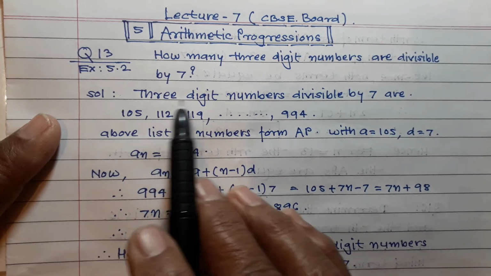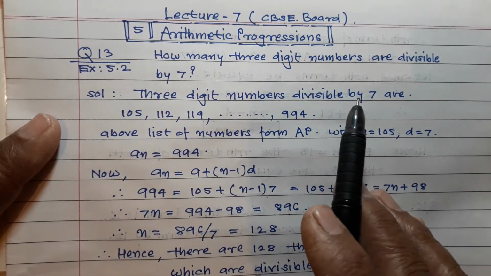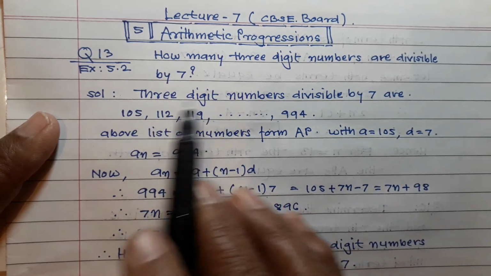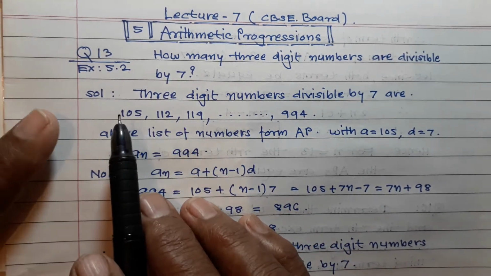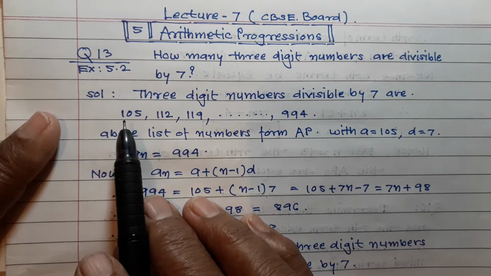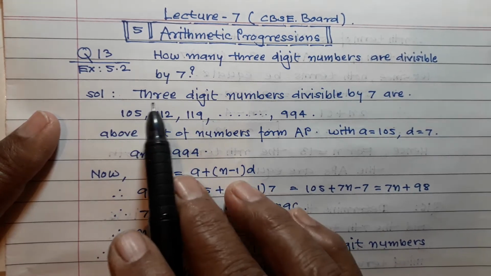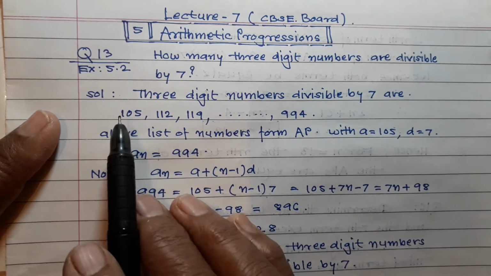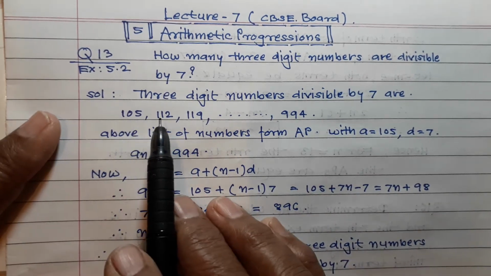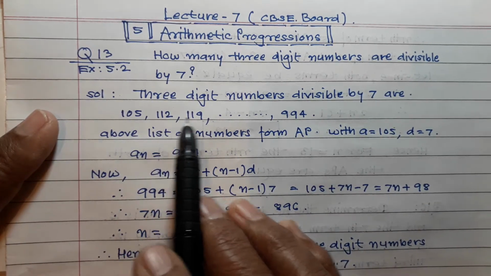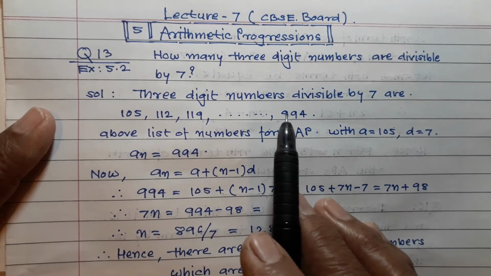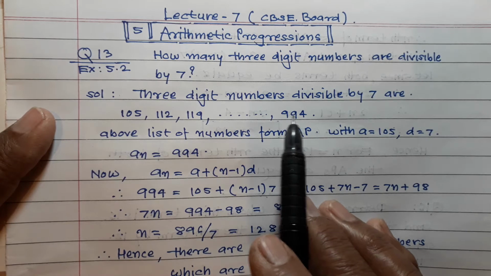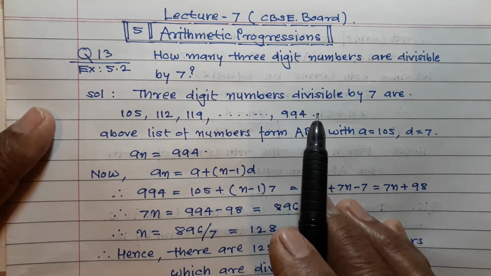Solution: 3-digit numbers divisible by 7 are, so 3-digit number means start from what? 100. 100 is the first 3-digit number. So 3-digit numbers divisible by 7 are 105, 112, 119 and so on, and the last term is 994.